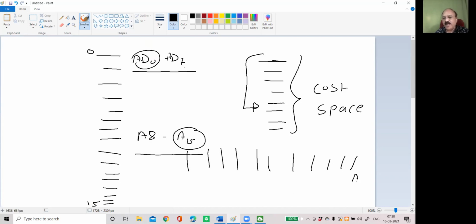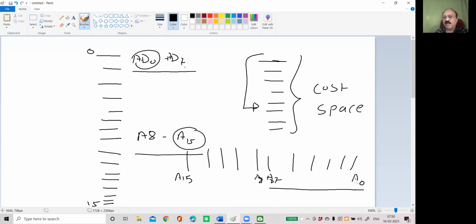So if these are the 16 lines, then this will be A0 to A7, then A8 to A15, total 16. These 8 lines are used for both the least significant 8 bits of address as well as data.